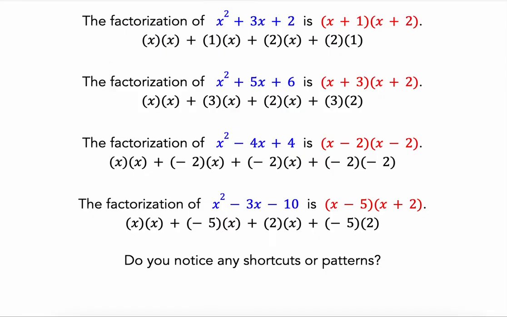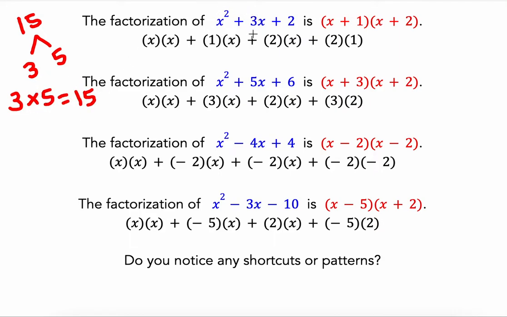So we used the example of 15, and if we need to factor 15, we need to figure out what 15 can be broken down into. It can be broken down into 3 and 5, because 3 times 5 will give us the product of 15.